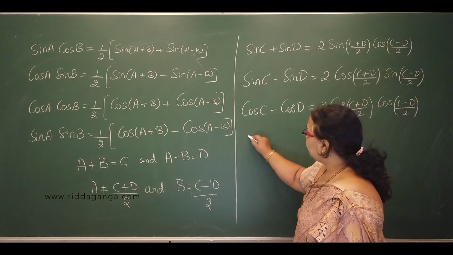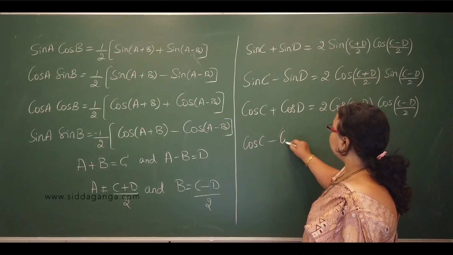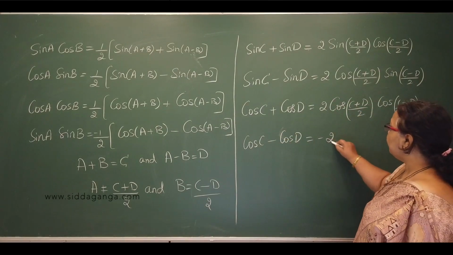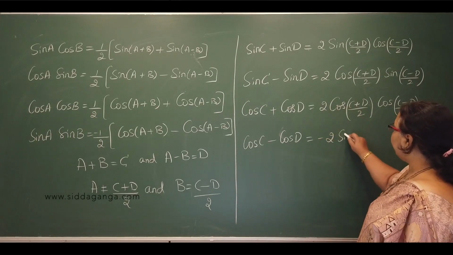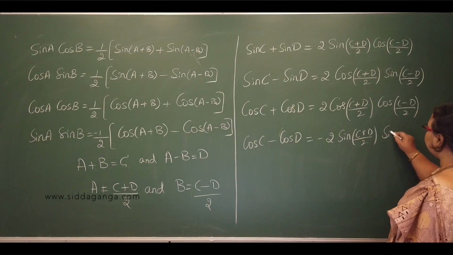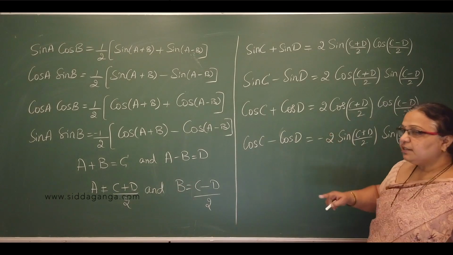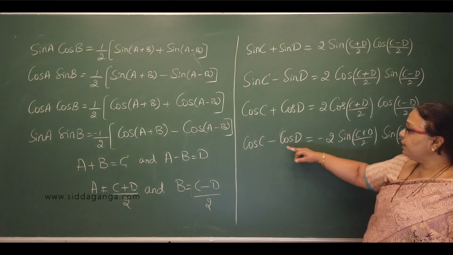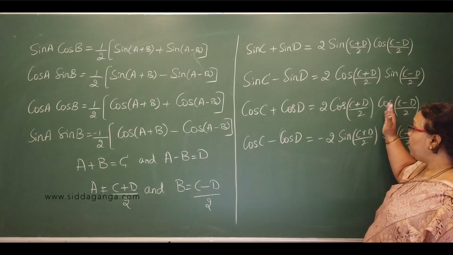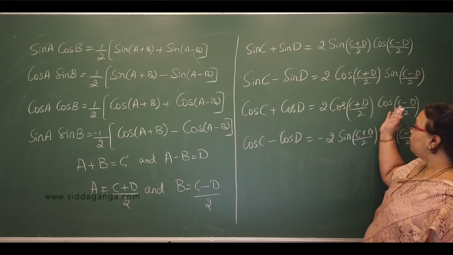Similarly, cos C minus cos D is equal to the fourth result, minus 2 times sine A sine B, where A is nothing but C plus D divided by 2 and B is nothing but C minus D divided by 2. So these are the results where the sum or difference of two ratios can be converted into the product, in terms of factors, of two ratios.